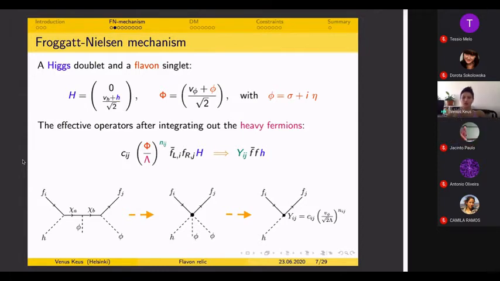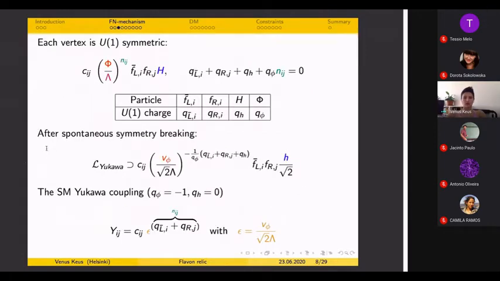Okay, so let me now show you a little bit more of these fun equations. As I said, every vertex that you write has to be U1 symmetric. This U1 is the Froggatt-Nielsen U1 symmetry, the extra symmetry that you've introduced.